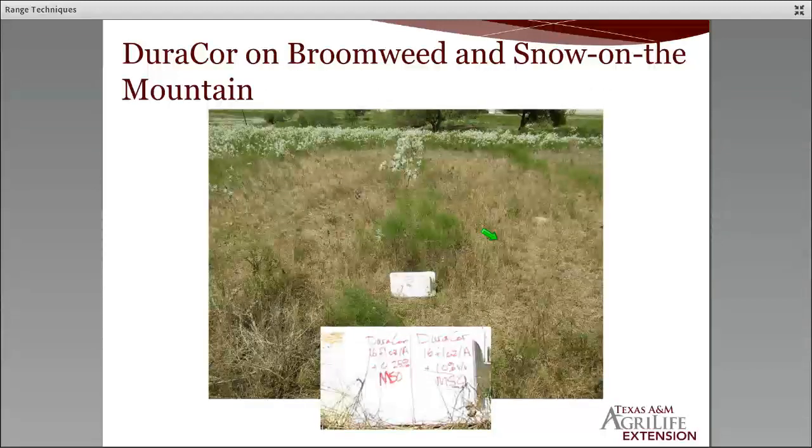If we look at this right here, this is Duracor on snow on the mountain and on the broomweed. If you look at this right here, we see the rates. 16 ounces to the acre, and this was an MSO study where we looked at rates, comparing it at various MSOs.